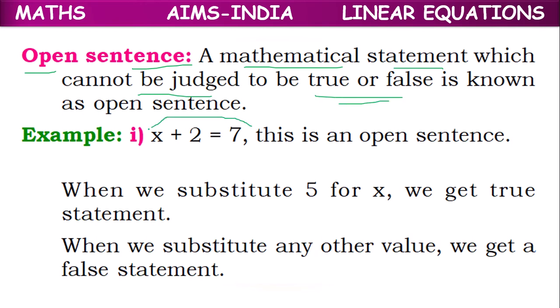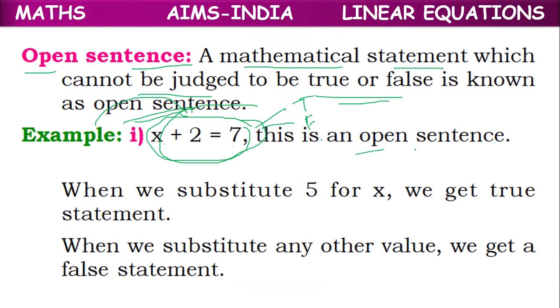Just by seeing the equation, we cannot tell whether it is true or whether it is false. If we are not able to identify its nature, true or false, exactly, then that kind of mathematical statement is known as an open sentence. Normally, the equations containing variables are considered as open sentences.